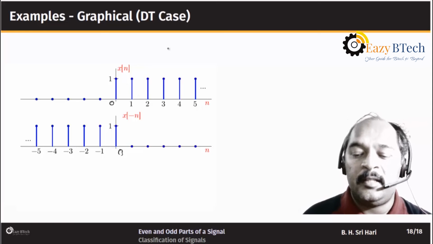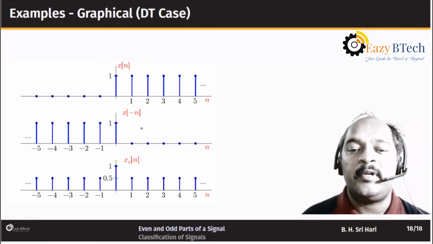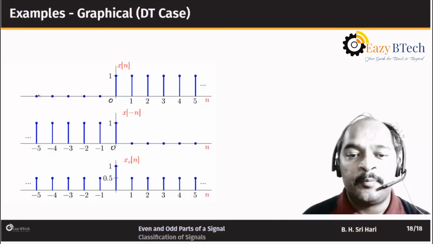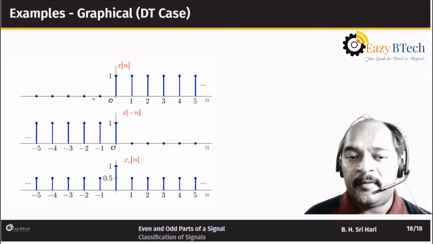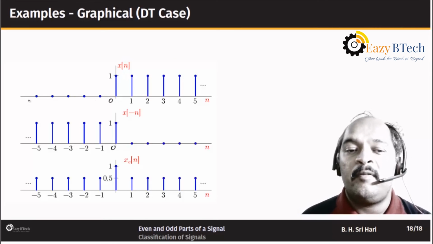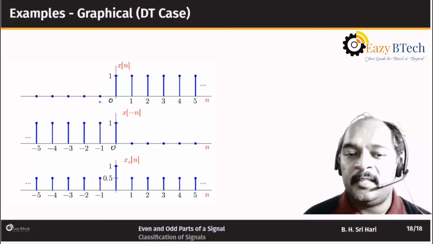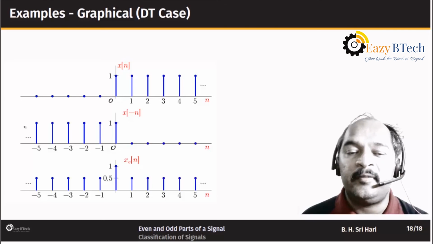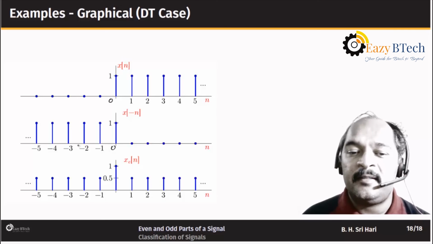To find the even part, we have to add these two. Look at x of n: that is 0 for all values of n less than 0. And x of minus n has value 1 for all values of n less than 0.